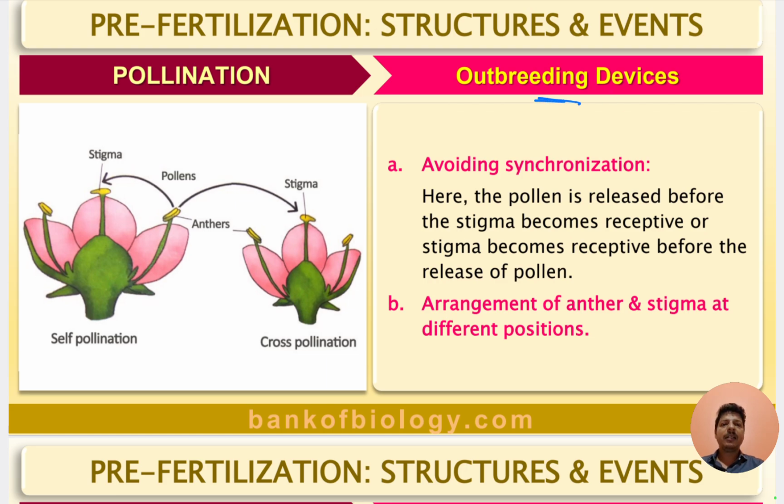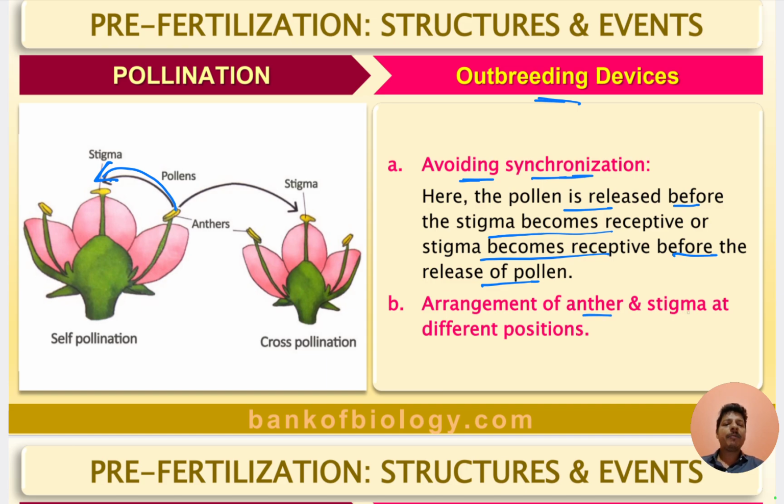Synchronization means the pollen is released before the stigma becomes receptive, or the stigma becomes receptive before the release of the pollen, so that the same pollen cannot fertilize it. Thus, they do not do self-pollination and they prefer cross-pollination.